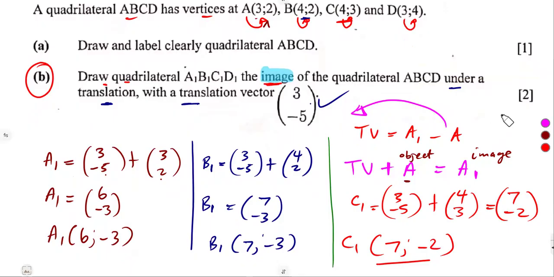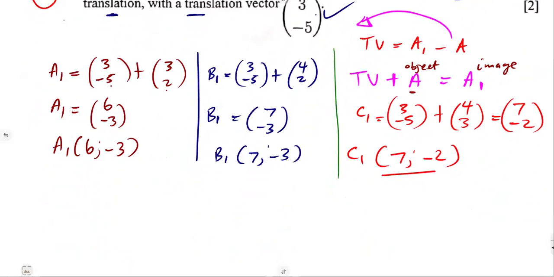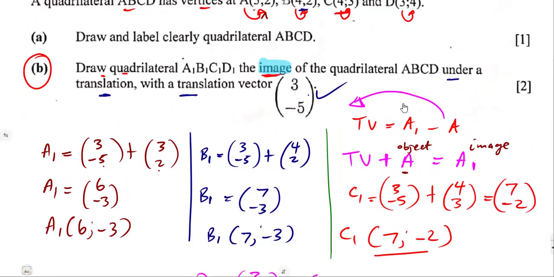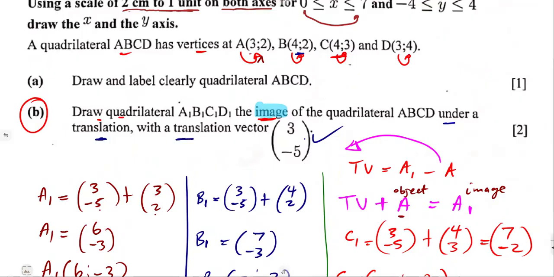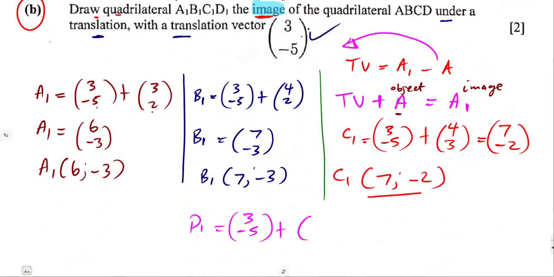The same thing with D. Okay, that's (3, 4). So translation vector plus that one. Okay, we are done on this one. So that's (3, -5) plus the point D, which is what? (3, 4). So as we've got our point D here, (3, 4), you write it as a vector. So adding this, it was going to give us 6, negative what? Negative 1.